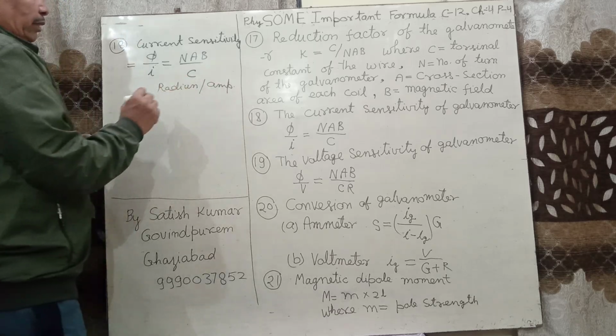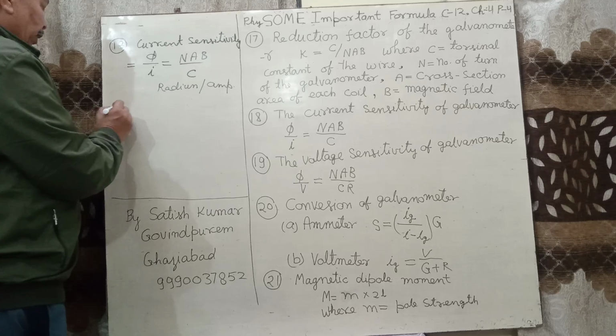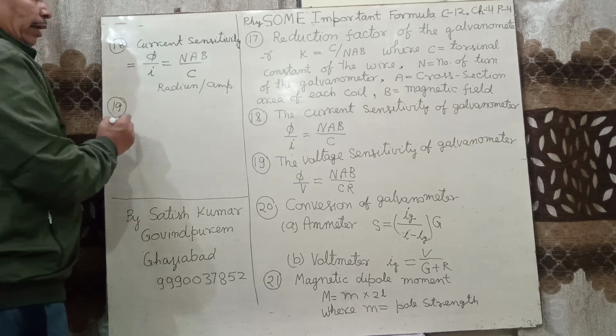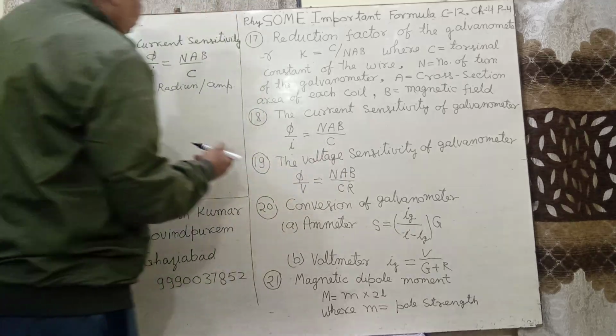Now I am telling you formula number 19. Formula number 19 is the voltage sensitivity of a galvanometer.